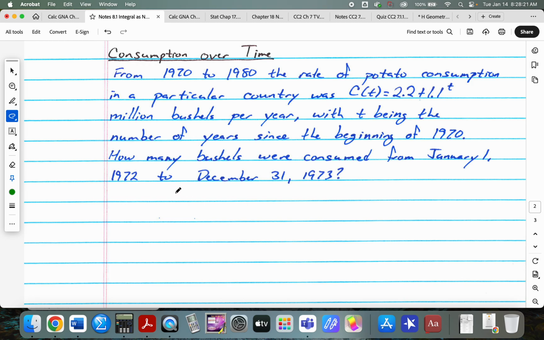So to find how many bushels were consumed, we're going to take the integral from, we're going to start at 2, and this sometimes bugs students. You're like, well, where are we going to end? Well, this is the end of 2 years later, right? So it's from 2 to 4 of C of t dt.